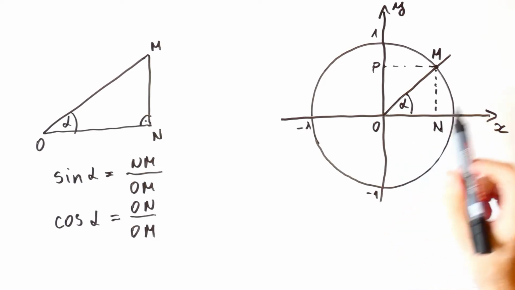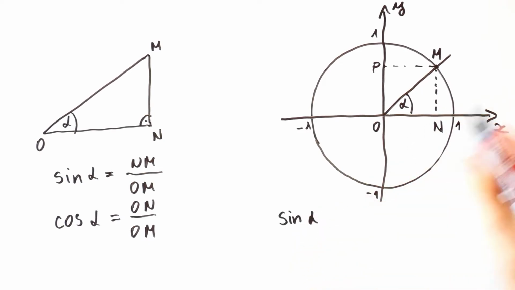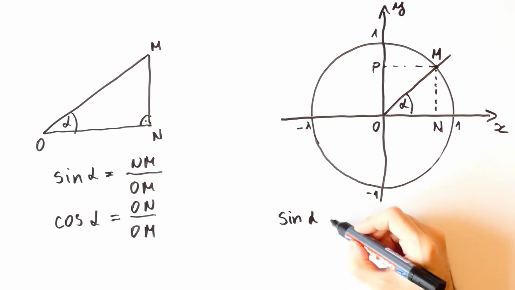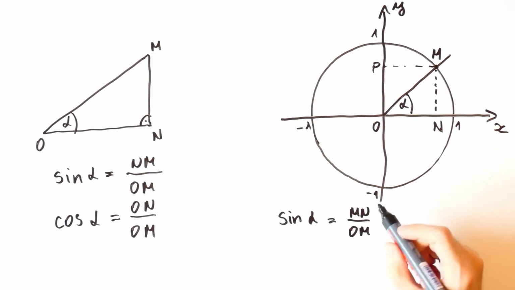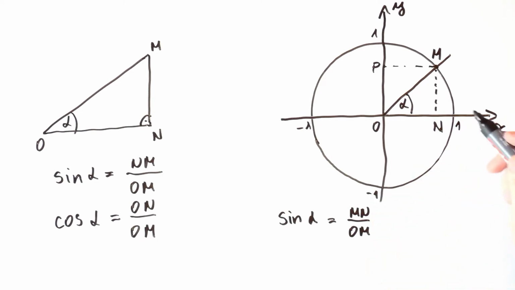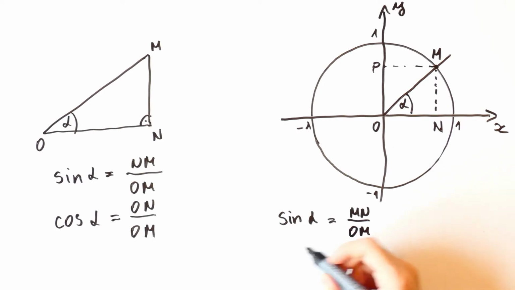then the sine of alpha is equal to MN over OM. And the cosine of alpha is equal to ON over OM.